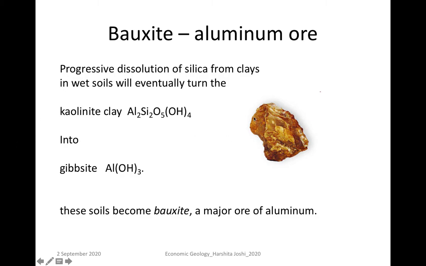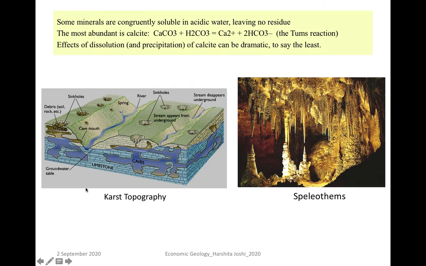It slowly gets weathered, it may slowly form kaolin and then go to gibbsite. So chemical conditions also form ores. Like we see here, the ore of calcium can also be there. You have seen such speleothems in the field when you went to Patal Bhubaneswar. I hope you all remember that.